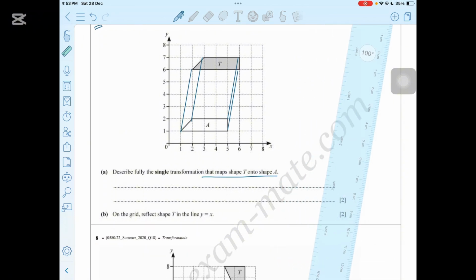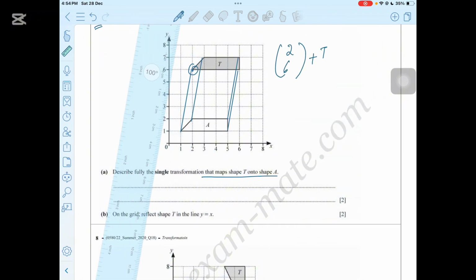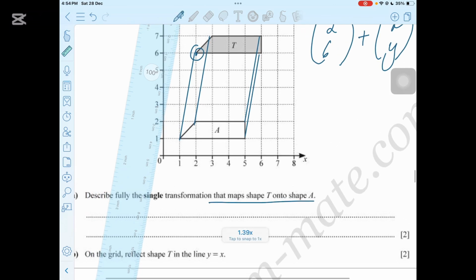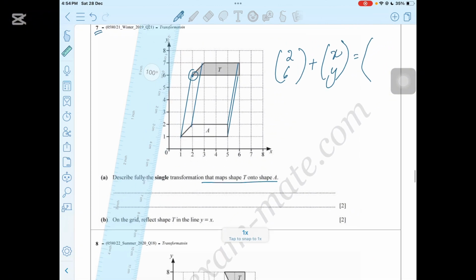Let's calculate the translation matrix. So we have this object at (2, 6). We add the translation matrix, or you can say (x, y), to get our image. The image is basically at (1, 1). So let's subtract: (1, 1) minus (2, 6).